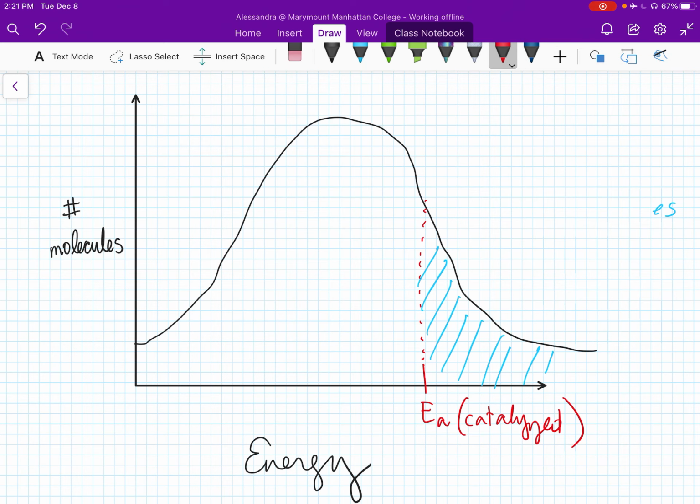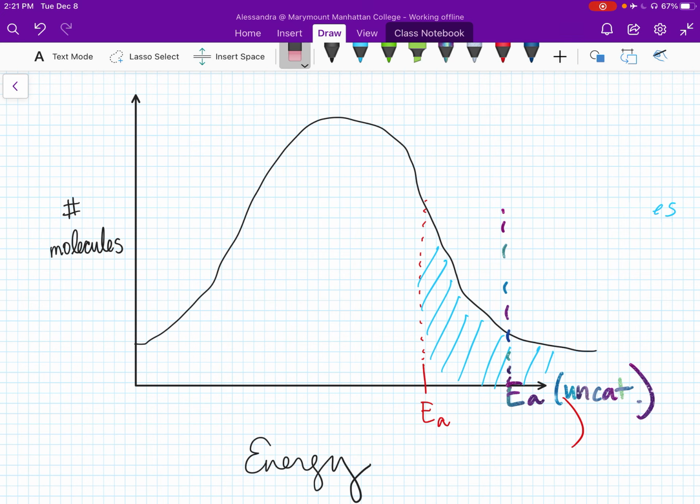So let me get a different color here. I'm going to say that this activation energy here would pertain to the uncatalyzed reaction. Let me clean this up a little bit to make it easier to read. So this is the activation energy of the catalyzed reaction.